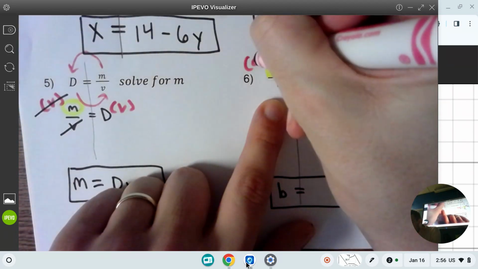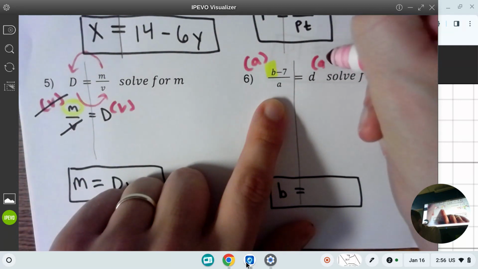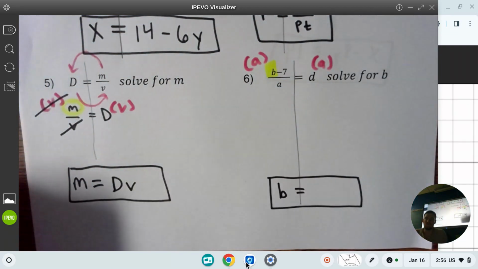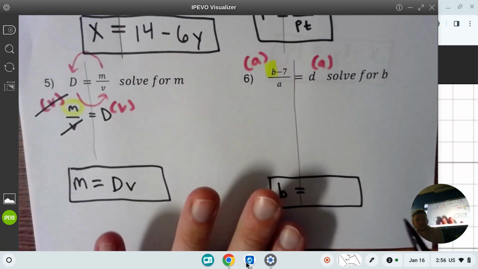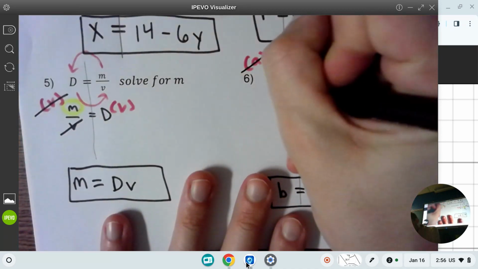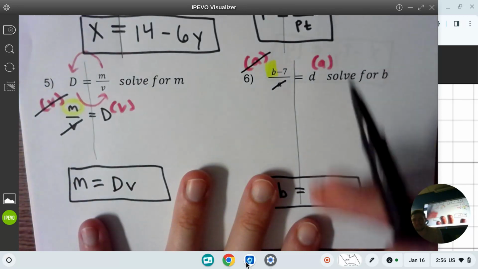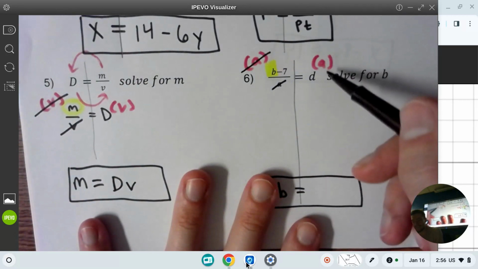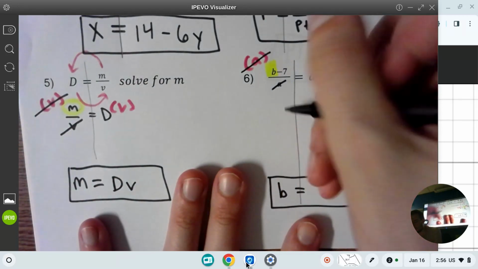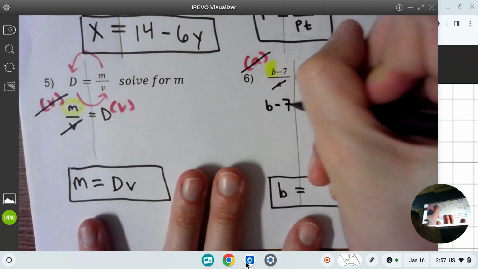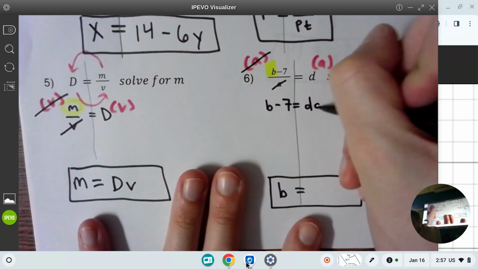Pretty simple. We just multiply both sides by A, which is going to get rid of this A over here. Just like it does on number 3, on number 5, on number 6. Over here, this A is not going to cross out, so we're going to have B minus 7 equals DA.